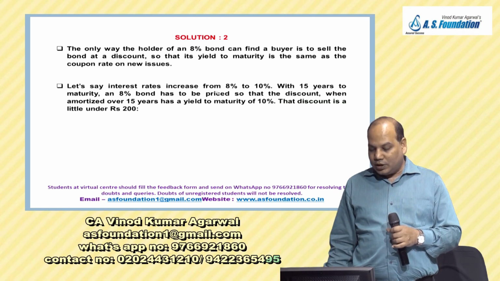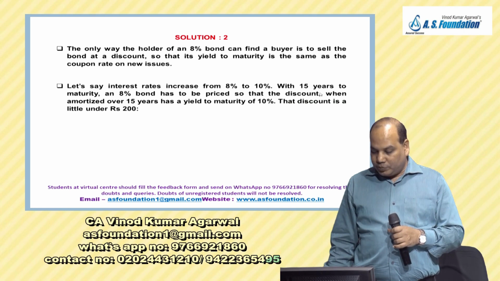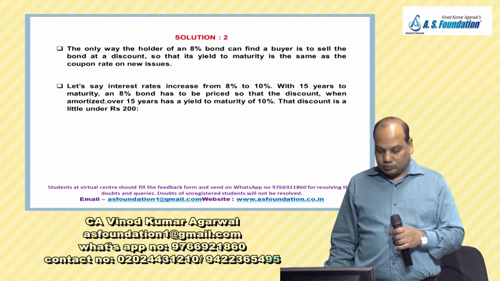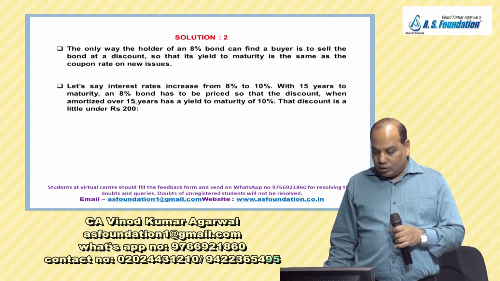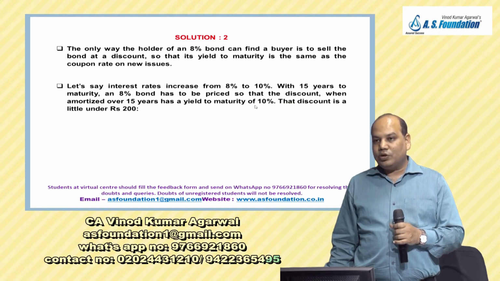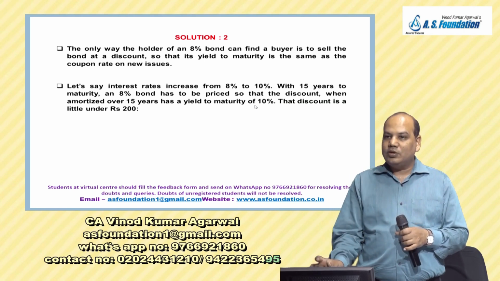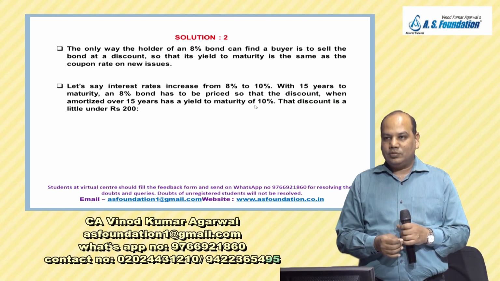Let us say interest rate increases from 8% to 10%. With 15 years to maturity, an 8% bond has to be priced so that the discount when amortized over 15 years has a yield to maturity of 10%. Now the explanation is very different from the original question.